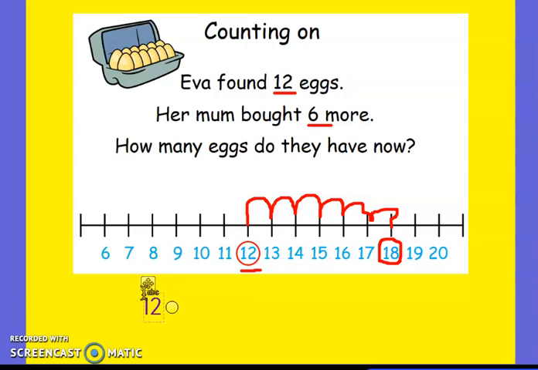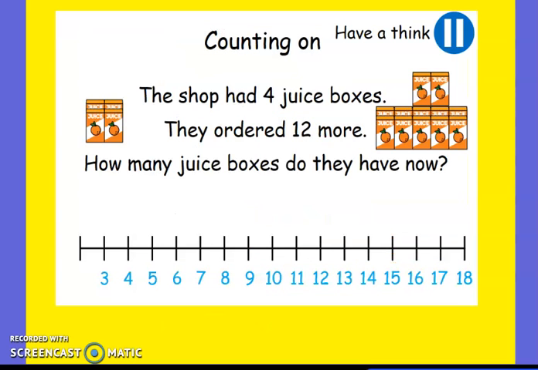So 12 eggs at the beginning, add 6 more eggs equals 18 eggs. 12 add 6 equals 18. We started at 12. We jumped ahead 6 on our number line, we added that number on, and then we landed on 18. So you're going to be using number lines this lesson to do your adding, counting on.